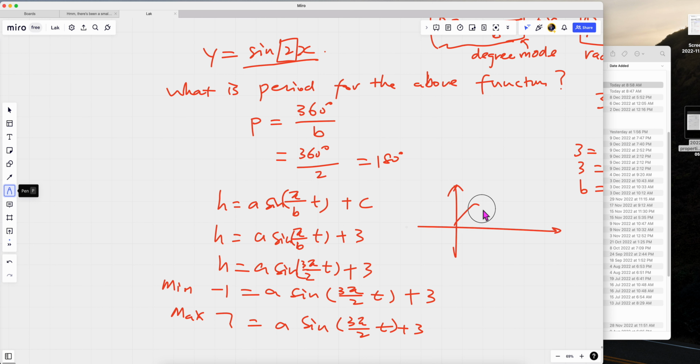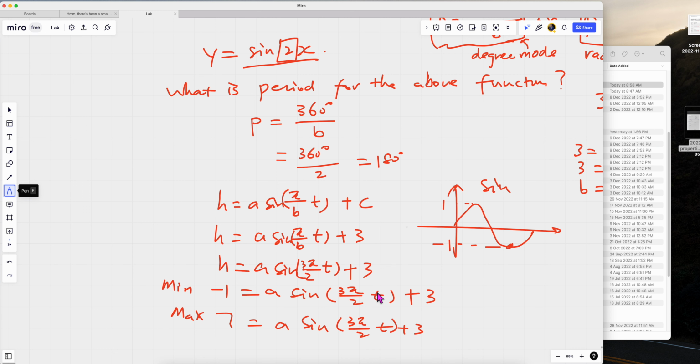Basic sine curve. At the bottom, here, right? 270. So the minimum value of a sine curve is -1, right? And the max for a sine curve is 1, right?